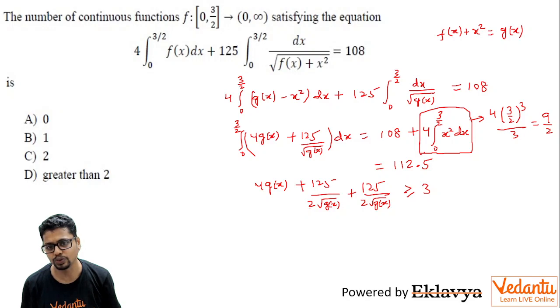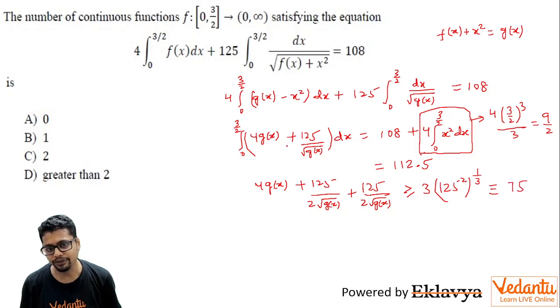The 2 and this 4 will cancel out, and you have 125 square to the power 1 by 3. We are talking about the geometric mean of these 3 terms. This is the expression on the left-hand side, whose integration from 0 to 3/2 we are considering with respect to x. So this expression is greater than or equal to, if you see carefully, 75.